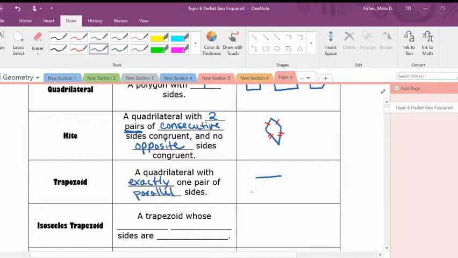So this side would be parallel. Like this. And parallel markings are like this. And the other sides are not parallel.